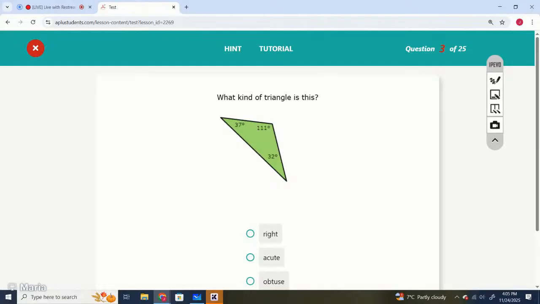What kind of triangle is this? One of the angles is greater than 90 degrees, so that is the obtuse triangle. Option number 3 is the correct option.